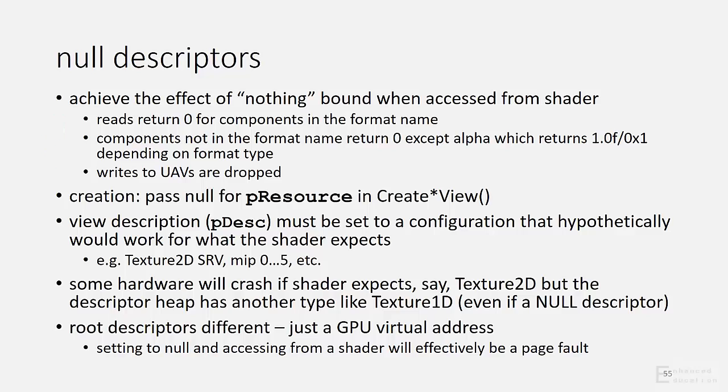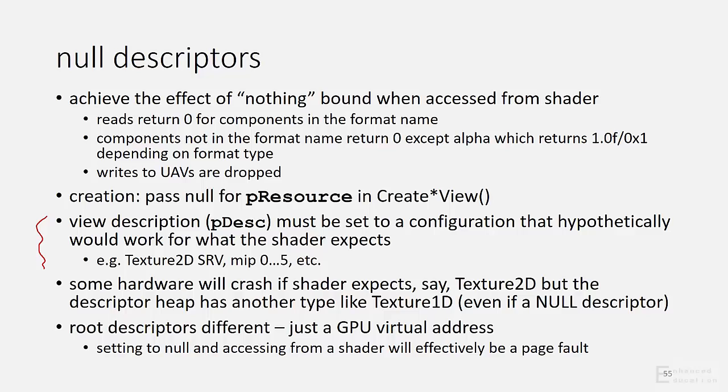Now to create a null descriptor, you simply pass null as the resource pointer in the create view call, like create shader resource view and so on. The other thing you have to do is, as for the view description parameter in the create view call, you actually have to fill in the description with some sort of view configuration that hypothetically would have worked for the type of view that the shader is going to expect.